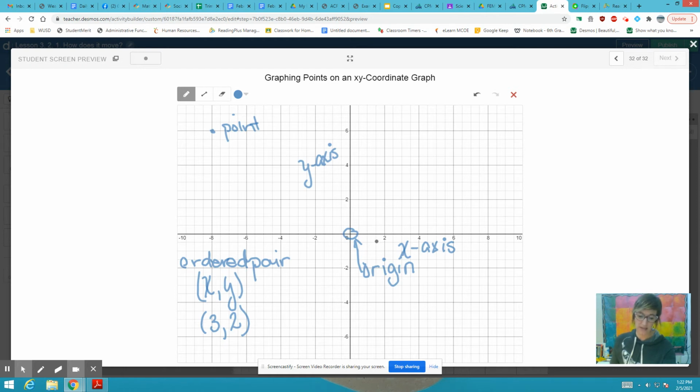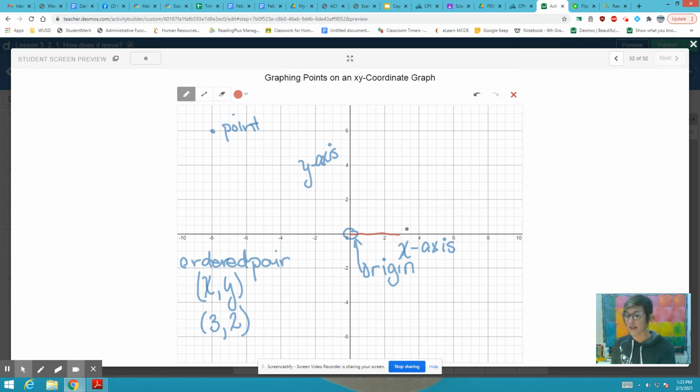So to locate the point (3, 2) on the XY graph, first start at the origin here. Let me change my color. So we're here at the origin, and we're going to go 3 units to the right. Okay, so we have 1, there's 2, and then we're going to go halfway because this would be 3. 3 units to the right.